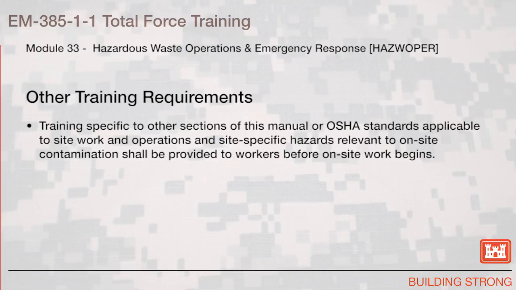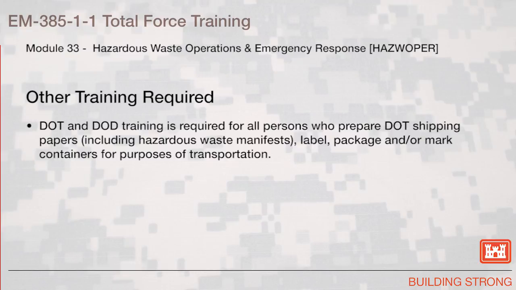Other training requirements: training specific to other sections of this manual or OSHA standards applicable to site work and operations, and site-specific hazards relevant to on-site contamination, shall be provided to workers before on-site work begins. DOT and DoD training is required for all persons who prepare DOT shipping papers, including hazardous waste manifests, label, package, and/or mark containers for the purposes of transportation.